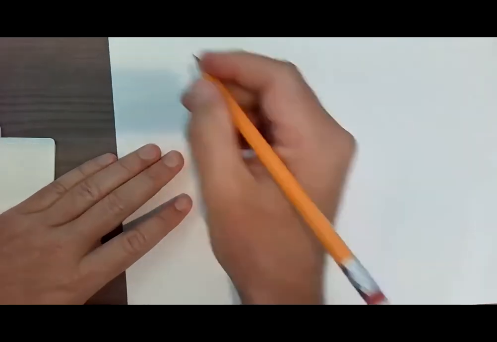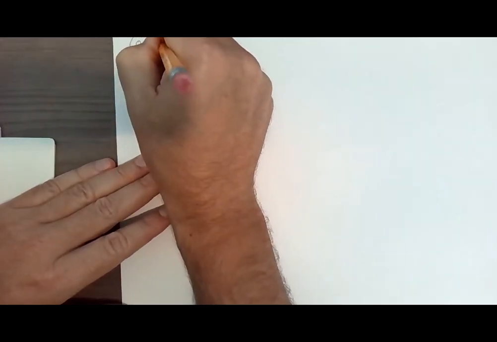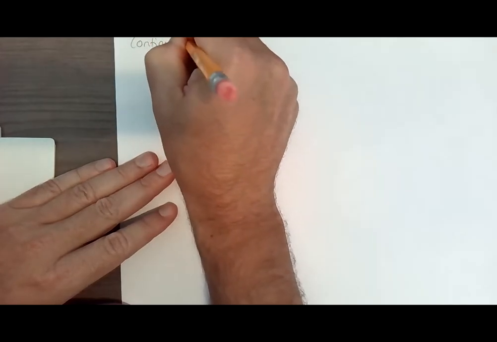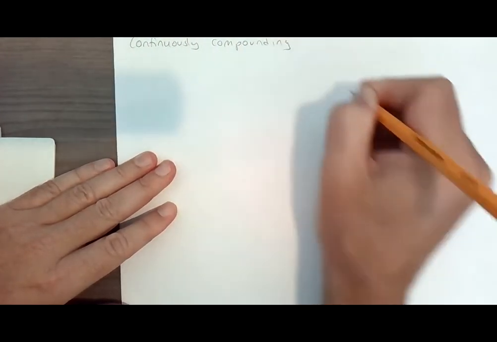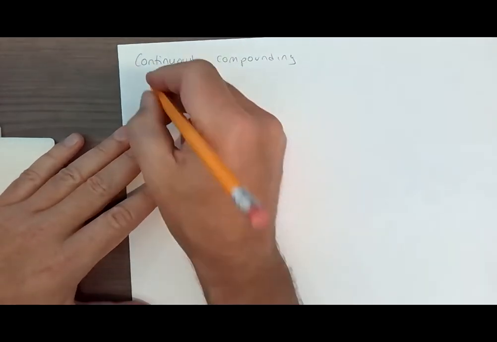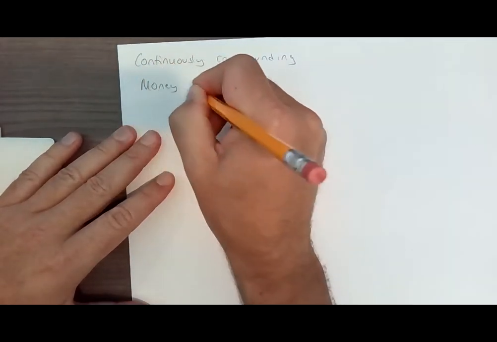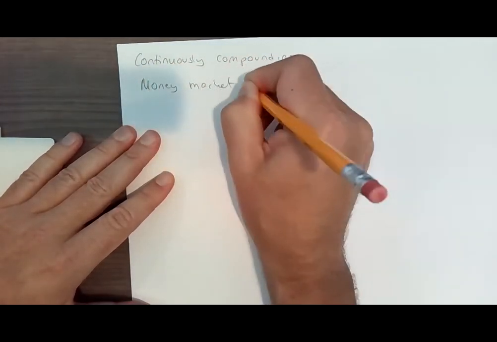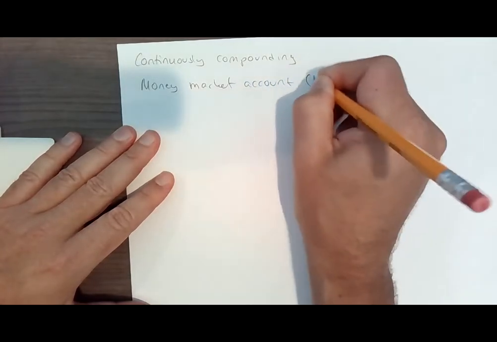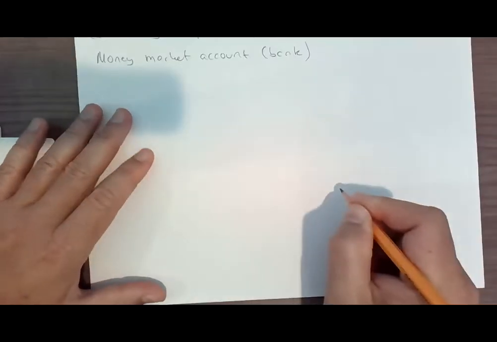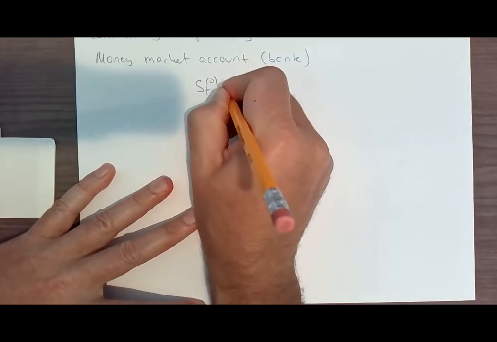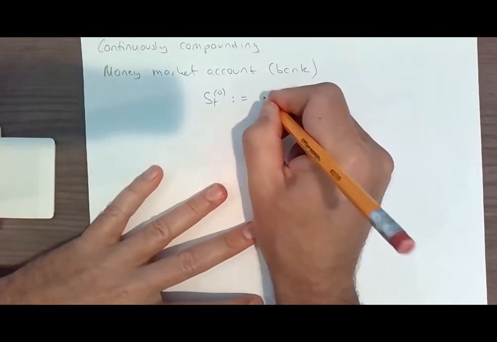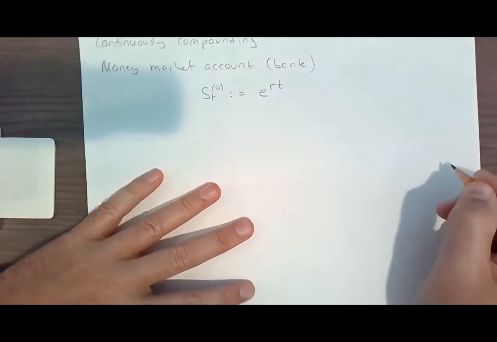So let me talk a little bit about continuous compounding. We have our money market account, the bank. We have our S_t, which is defined to be e to the RT.